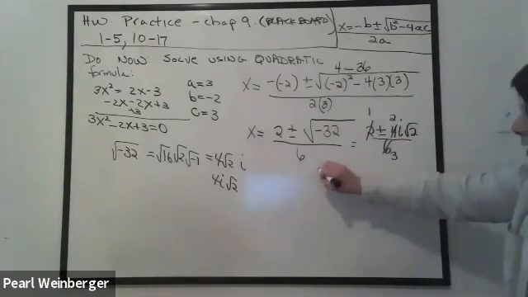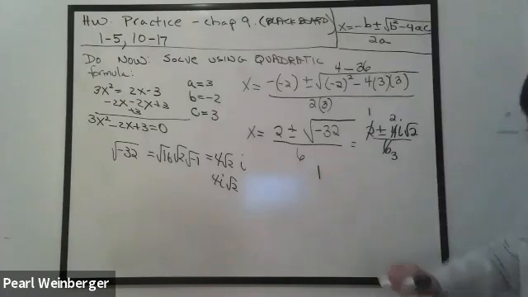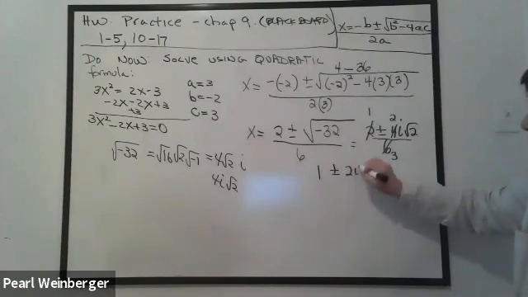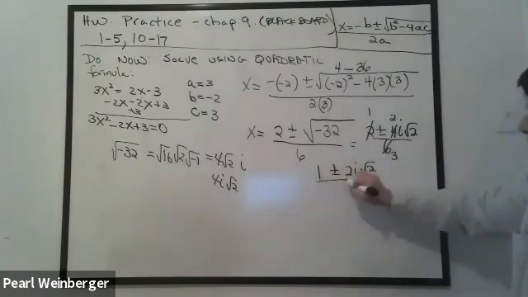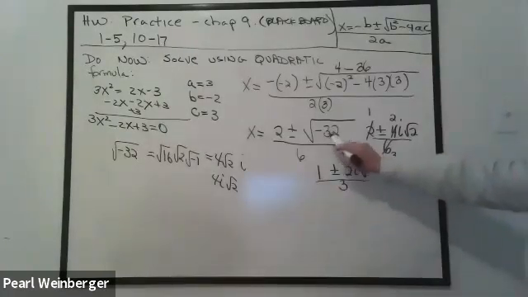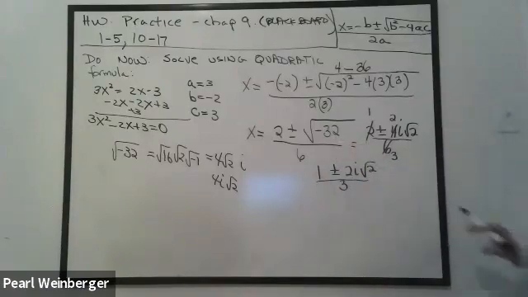So I can get my answer as 1 plus or minus 2i radical 2 over 3 in simplified form. I see it's a complex number because I ended up with a negative inside my square root.